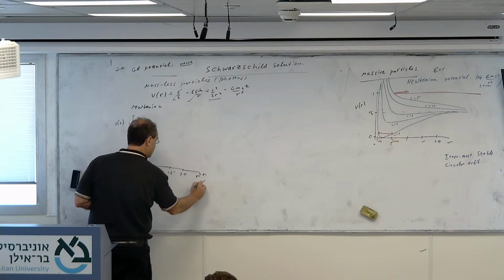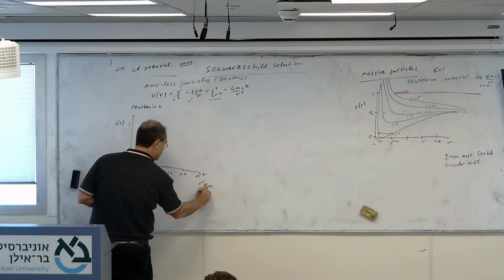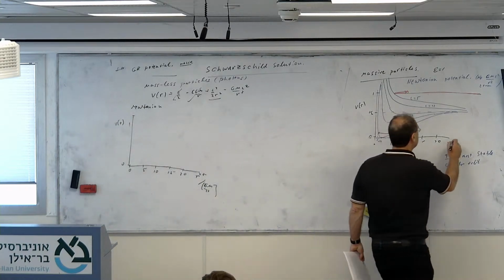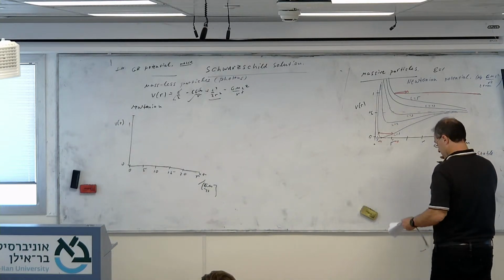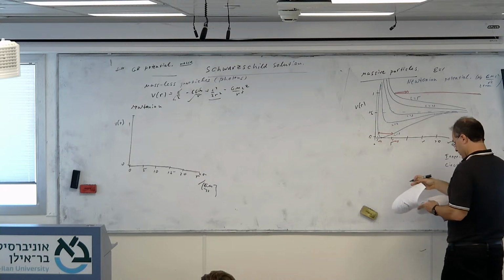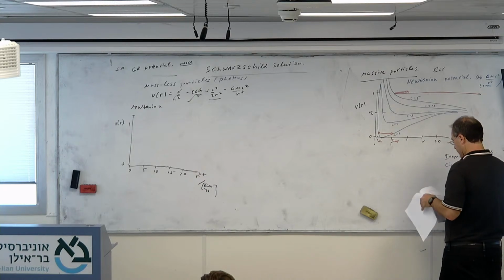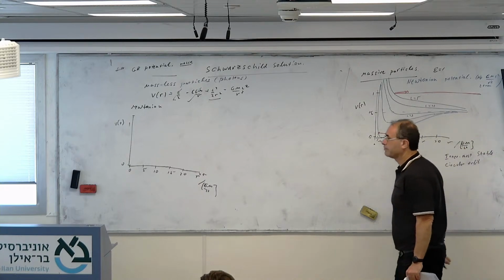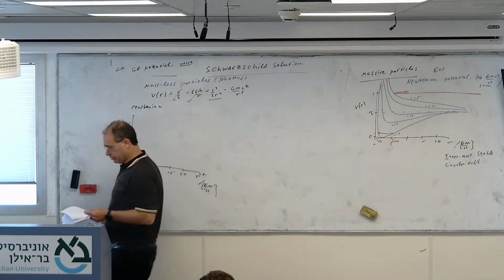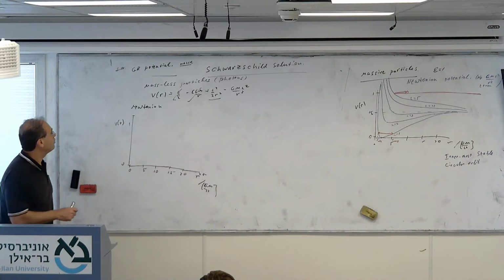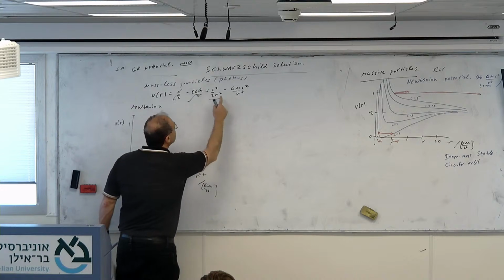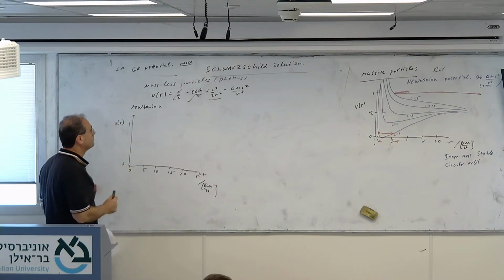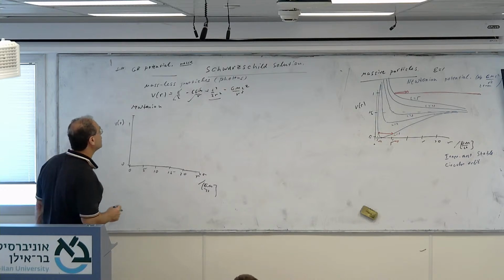Of course, everything is normalized to GM. So of course here the potential looks very simple. We have one term. So when R goes to infinity, it goes to 0. When R goes to 0, then it goes to infinity.